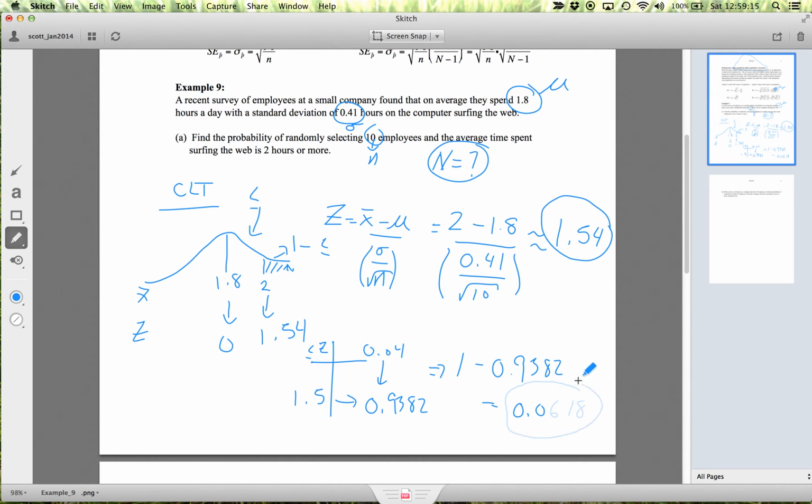So this is the area that's shaded here. That's without using the correction factor. We couldn't use the correction factor because we didn't know how large the population size was.